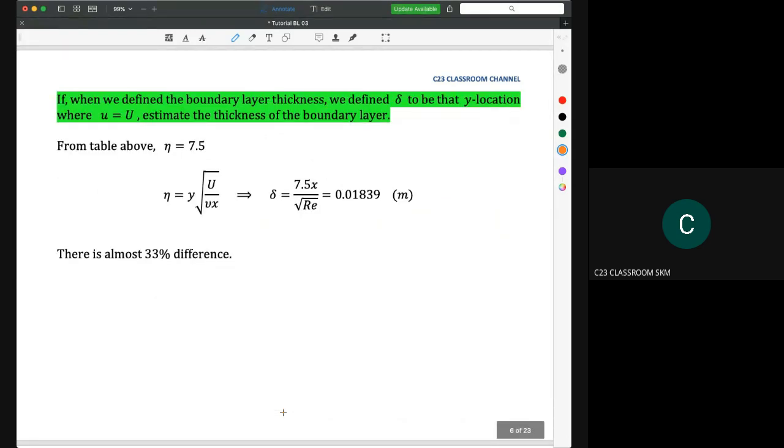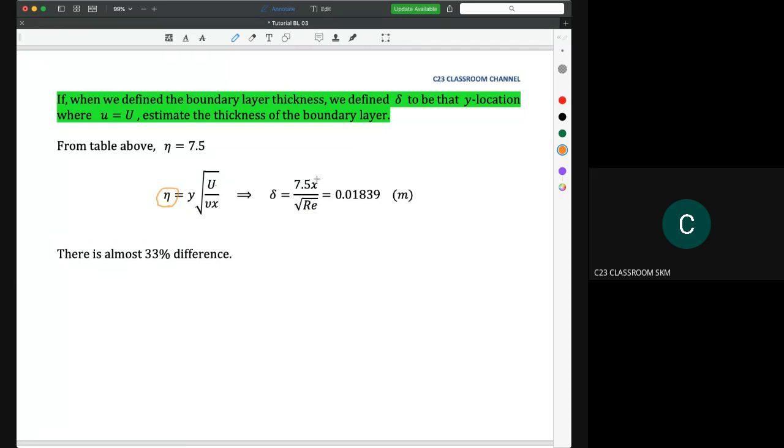We take eta equal 7.5, and then we could calculate by substituting the value of eta here, 7.5, and the values of u, nu, x, y and everything. So we get the value of delta is equal to 7.5 x over root Reynolds number.